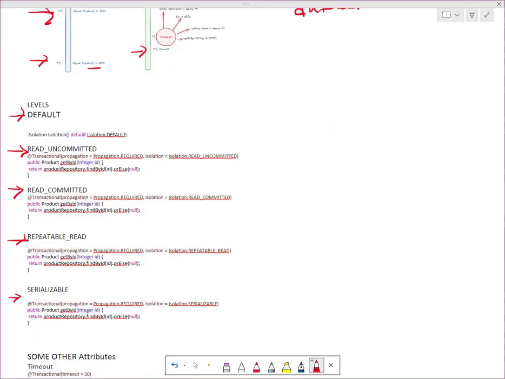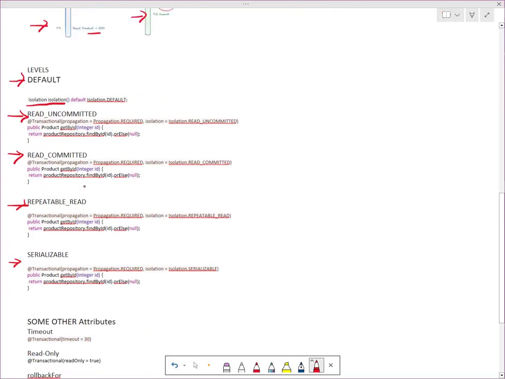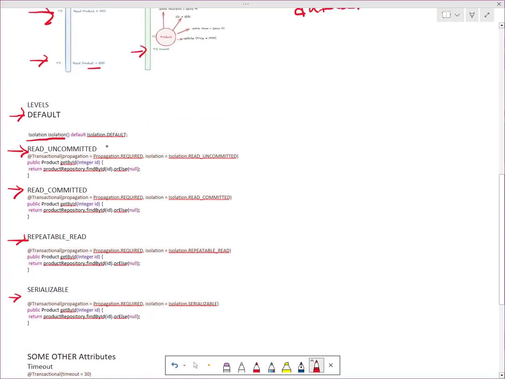So when you set it, you would write isolation default. Spring uses this by default, so we don't need to add anything.